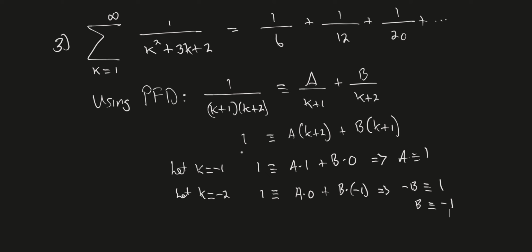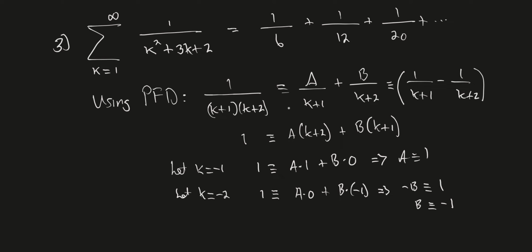So in fact, what we've shown is that the terms of this series can be decomposed into these two simpler fractions: 1 over k plus 1, minus 1 over k plus 2. Right?